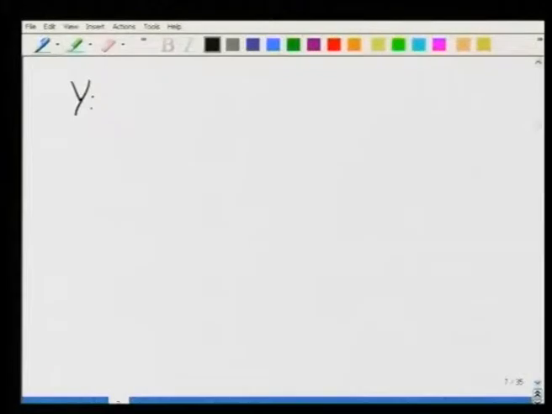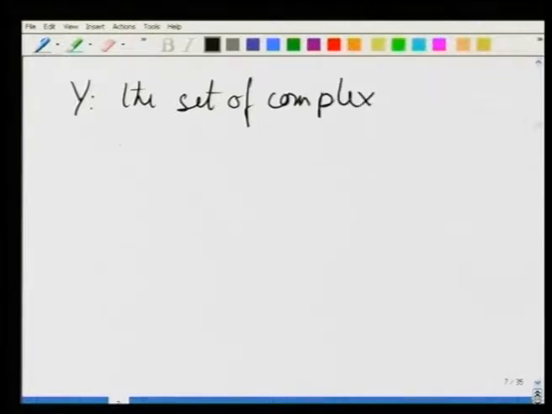The most commonly used range set in the study of signals and systems at the introductory level is always the set of complex numbers, denoted by this. Remember that complex numbers can be viewed as ordered pairs of real numbers, and there are certain rules by which you can add, multiply, divide and subtract complex numbers.